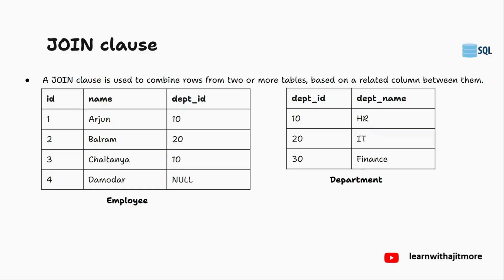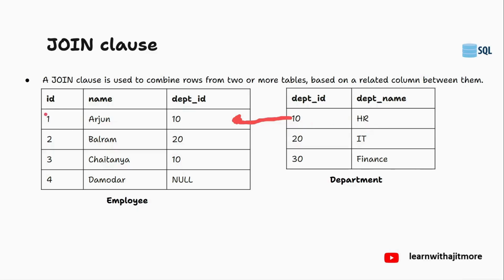Suppose I'm told to print the ID of the employee, the name of the employee, and the name of the department in which that employee is working. So we have to relate this department number to this department. Then we get HR.